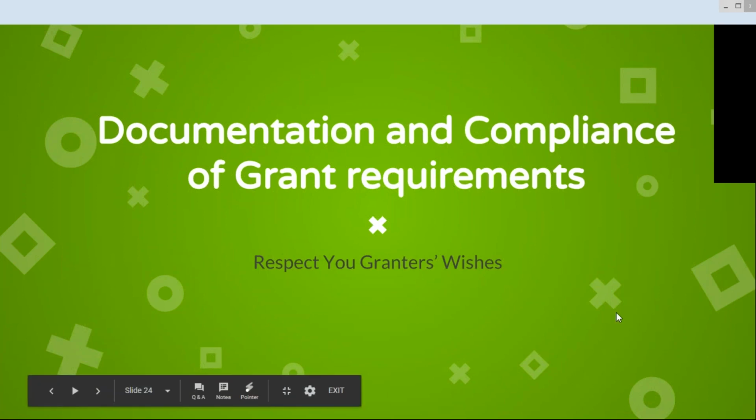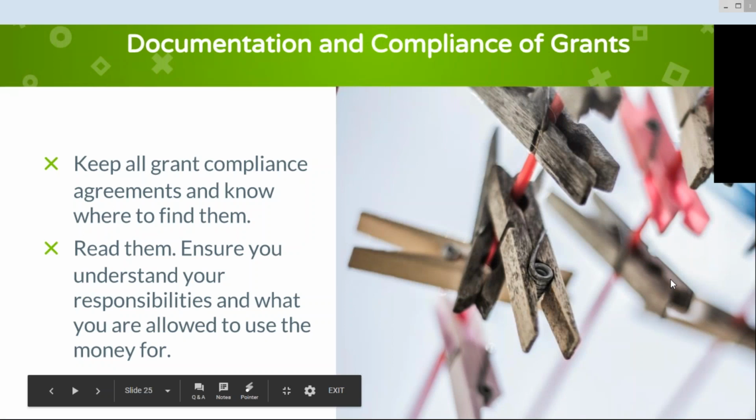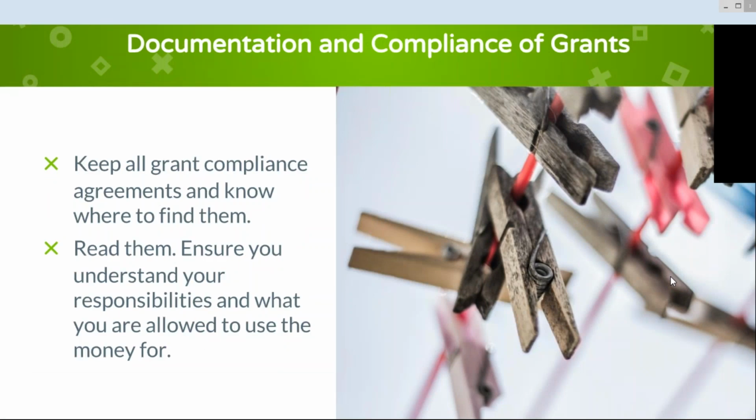So in order to facilitate this process, step one, keep all your grant compliance agreements and know where to find them. Second, read them. Ensure you understand what you're supposed to do in order to get this money and what the money is allowed to be spent on.